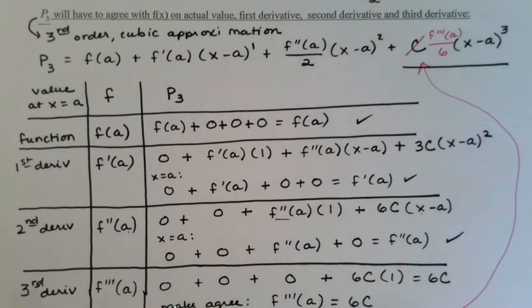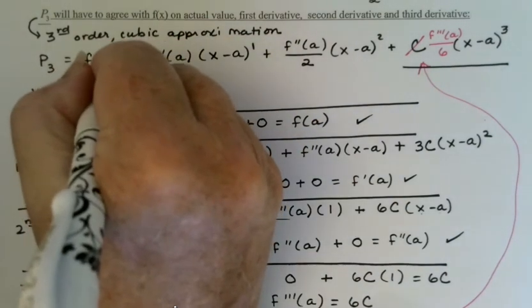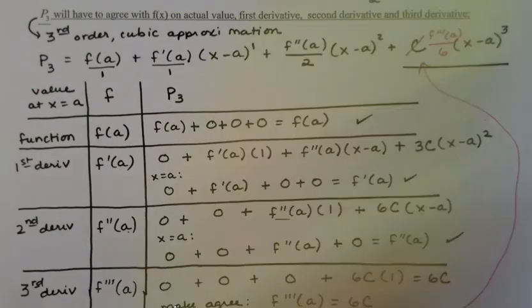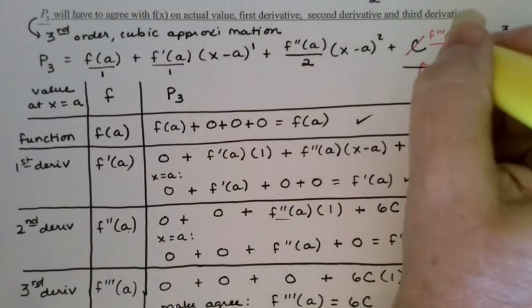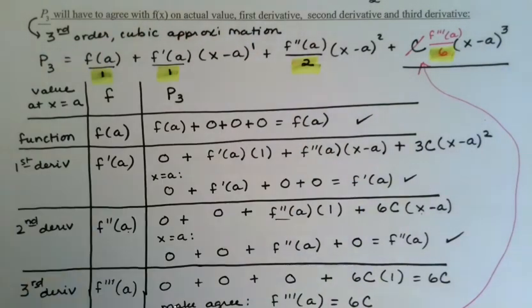What I'd like to concentrate on for the moment is those denominators. This one would really technically have a denominator of 1, and so would that. So take a look at those denominators.